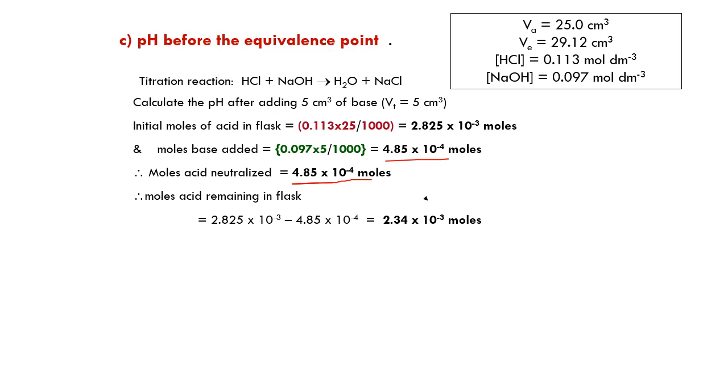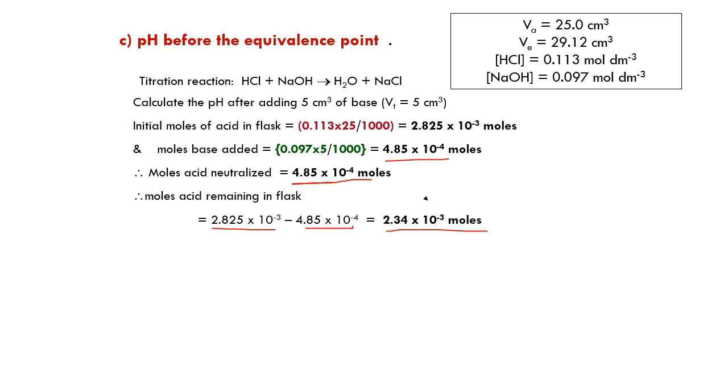To find the number of moles of acid remaining, we subtract the moles of acid neutralized from the initial moles of acid, and this tells us the number of moles of acid remaining in the flask. Now at this point, what is going to be contributing to the pH? The presence of that strong acid, which is completely dissociated.